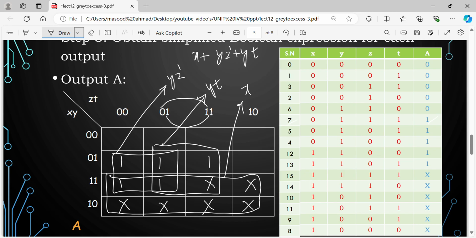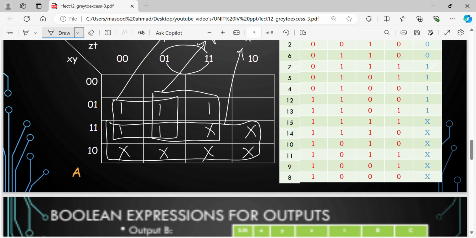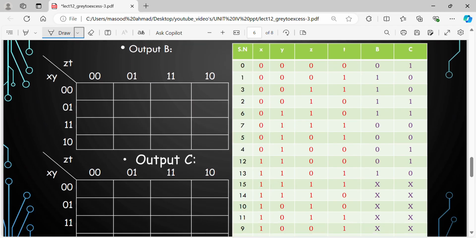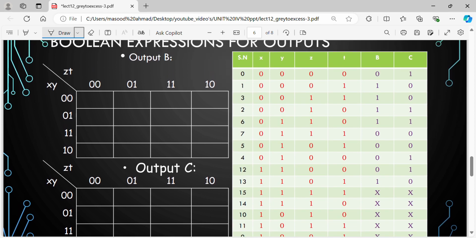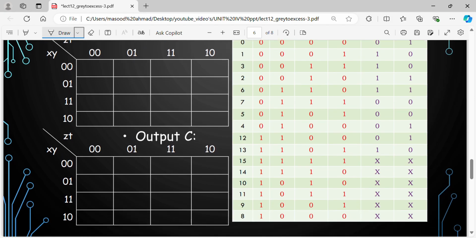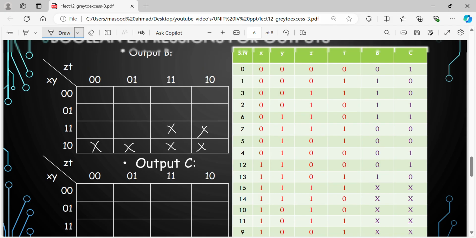Now we will look for the next output. In step 2, generally we write expressions, but as we are so familiar with this conversion process, we know the don't care terms by default are 8, 9, 10, 11, then 15, 14. Then we look for where it is 1.